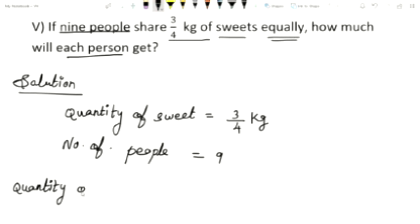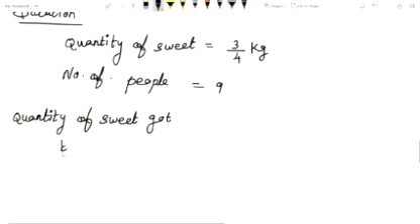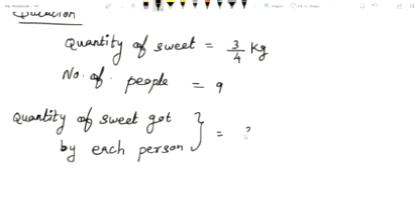Quantity of sweet got by each person equal to total quantity divide by 9. So 3 by 4 divide by 9.